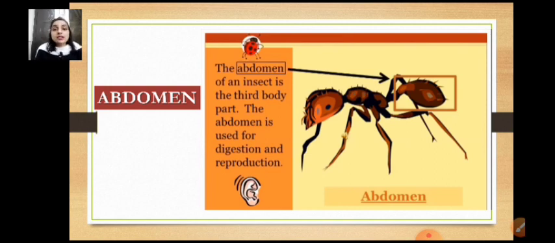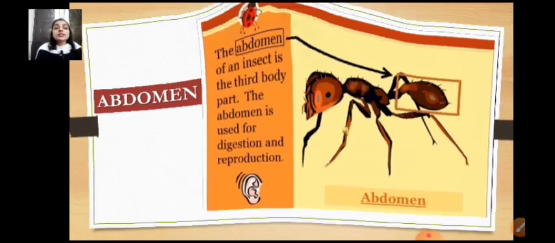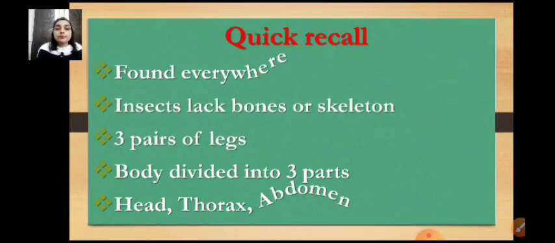And they also have a respiratory system through which they can breathe. So the abdomen has various kinds of functions. They have various kinds of systems inside them. So this is all about the abdomen. These are the 3 parts of the insect body.